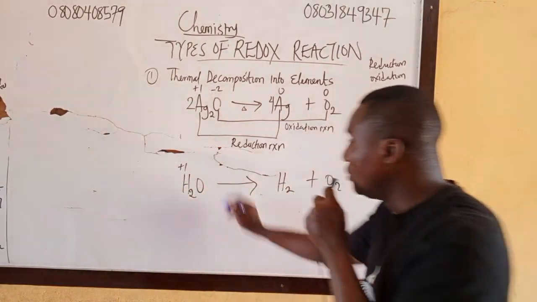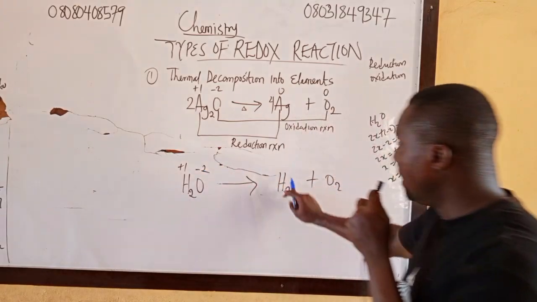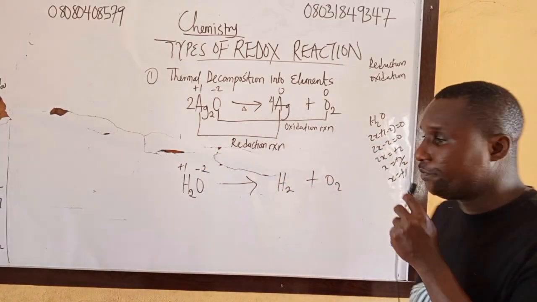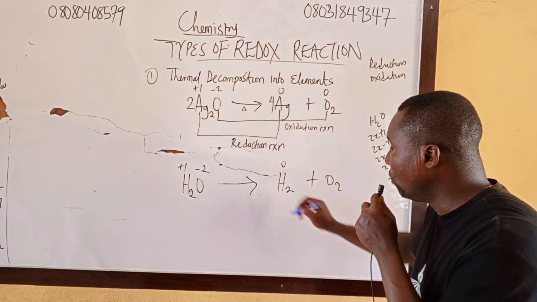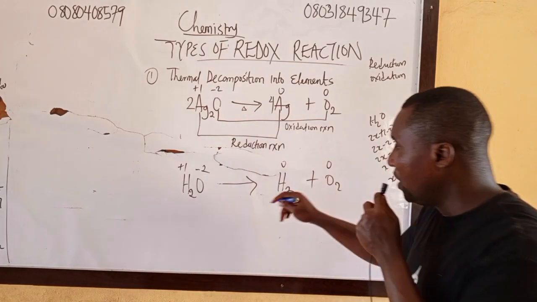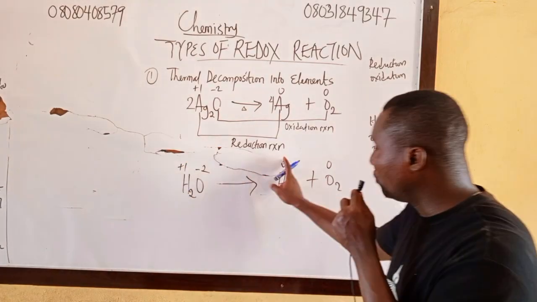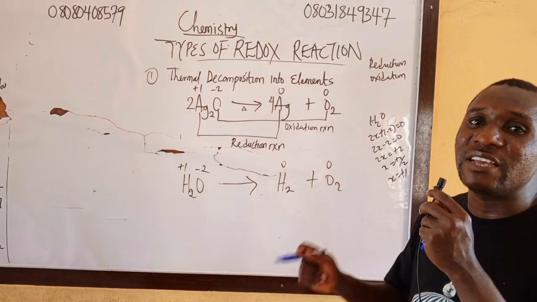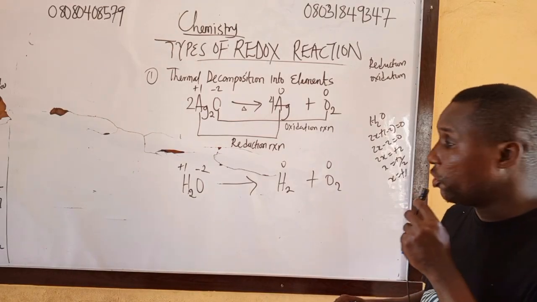Oxidation number of hydrogen is plus 1. Oxidation number of oxygen is what? Minus 2. Then here, hydrogen is standing alone. Oxidation number is 0. Oxygen standing alone. Oxidation number is 0. Then look at hydrogen from plus 1 to 0. It has reduced in oxidation number.